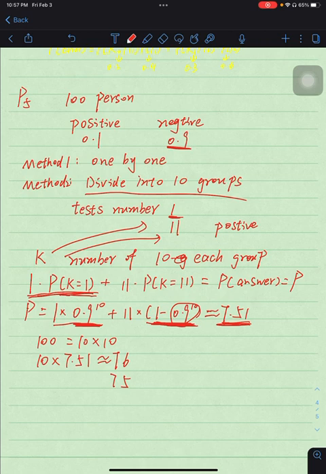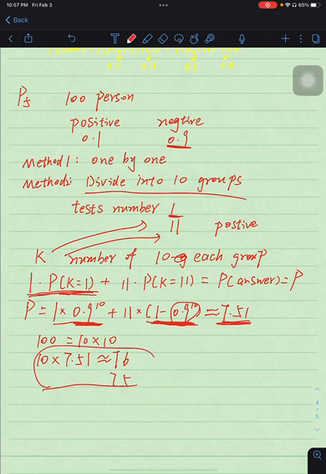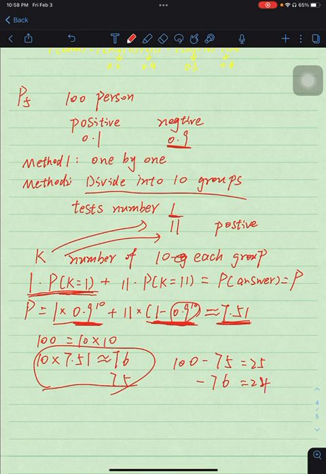So if we use this method, we can see about 25 or 24 fewer testing kits than the method of one by one.